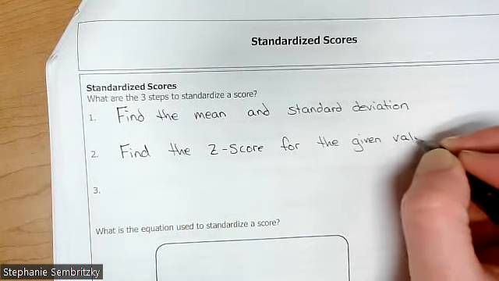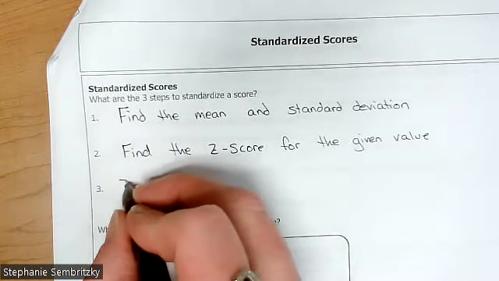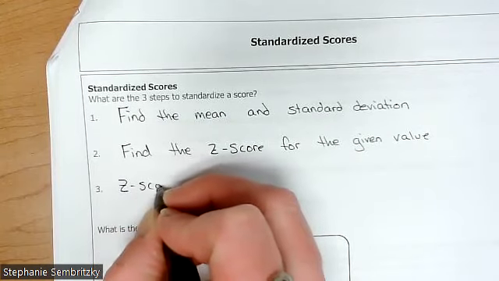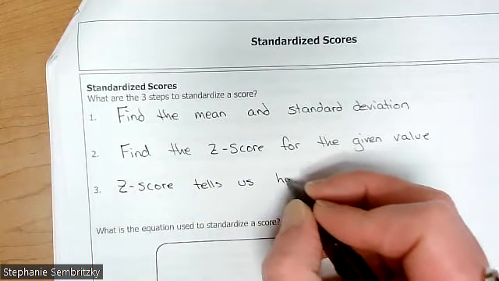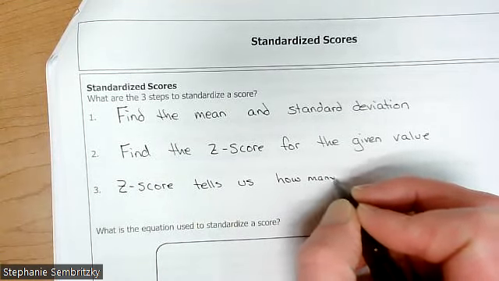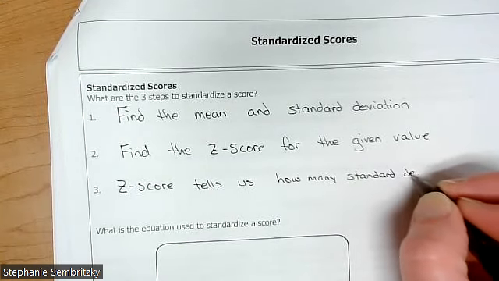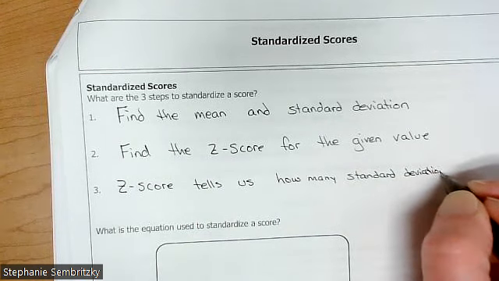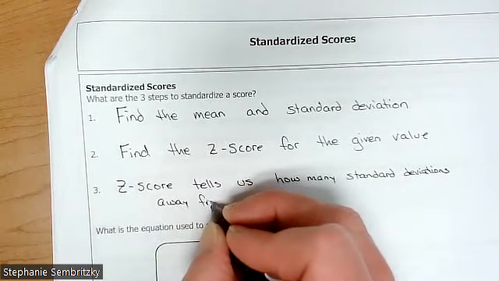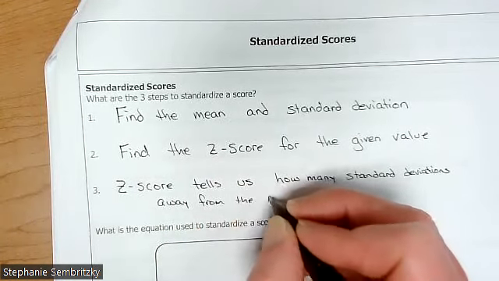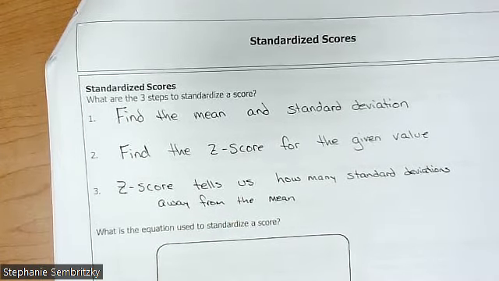There's a little formula to find that z-score. The z-score tells us how many standard deviations away from the mean a value is. So it's telling us how far away from the mean that value is. How many standard deviations away?